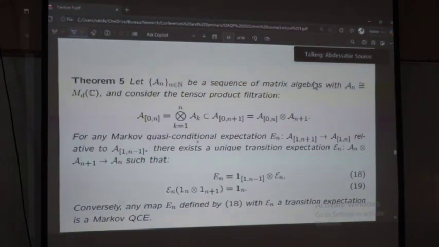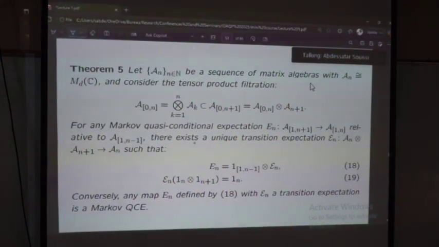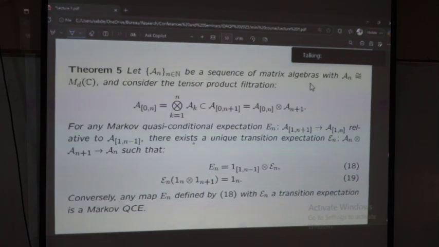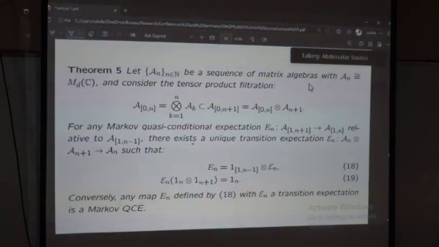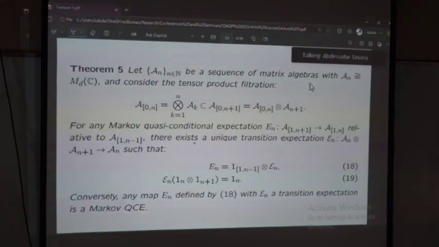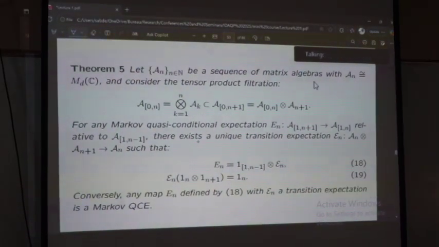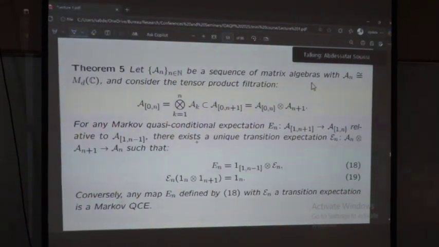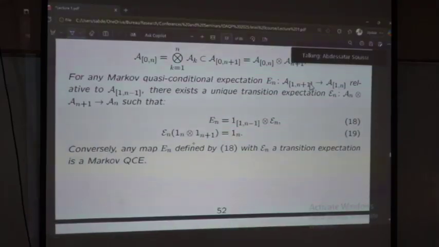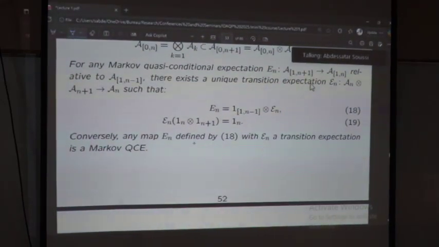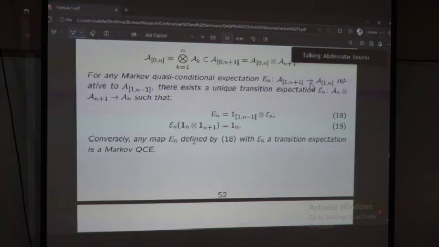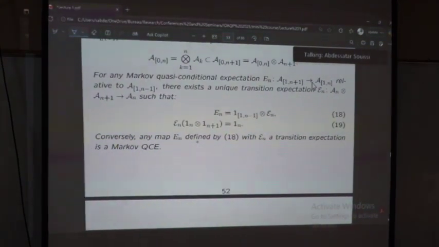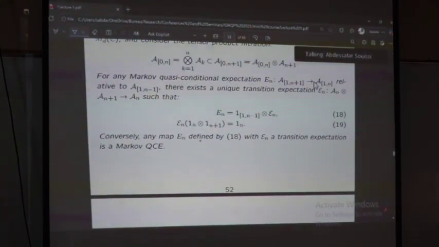In the most important case, we have this notation: A_{0 to n} is the algebra where each A_k is a copy of M_d(C). It's clear that we have the past algebra, exactly the same notation as before. Indeed, the past algebra here is A_{0 to n minus 1}, and the present algebra is A_n.